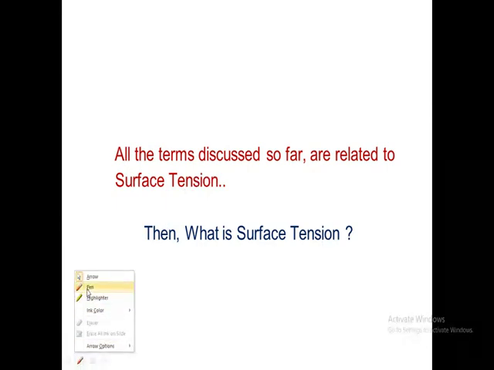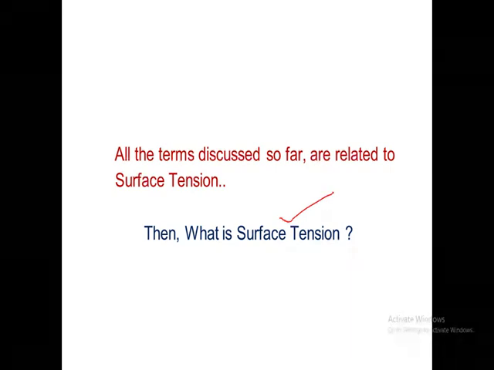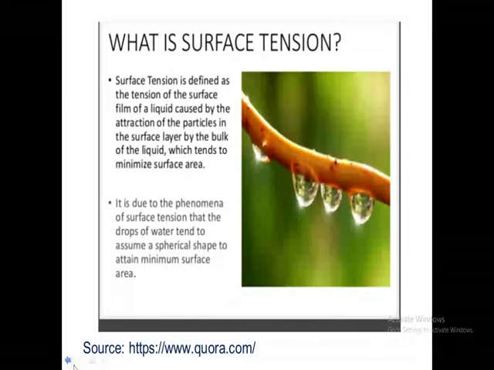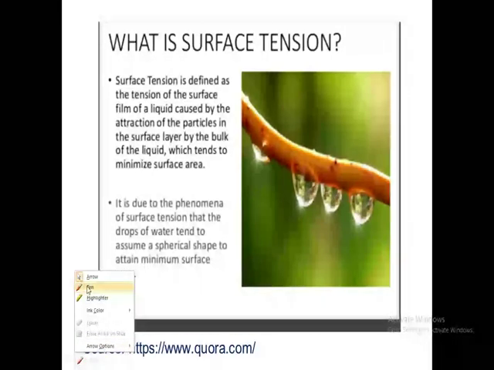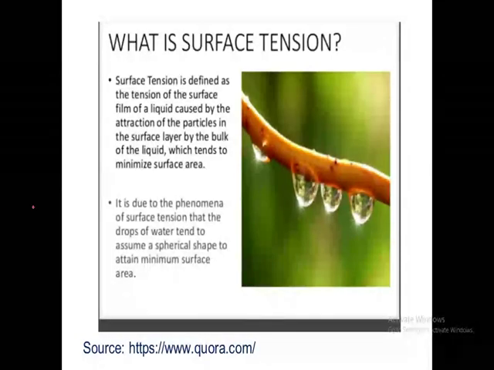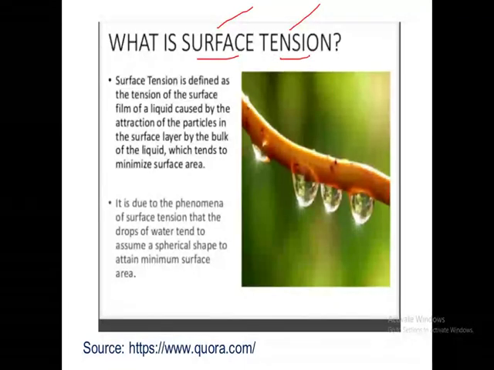Then the final question is, what is surface tension? What is surface tension all about, right? So let's come to the definition of surface tension. Before going for this, I told you in the last class, just look at this word surface tension. We know what is surface now, surface of a liquid, right? What is the tension? Tension means some kind of force, some kind of pressure, right?